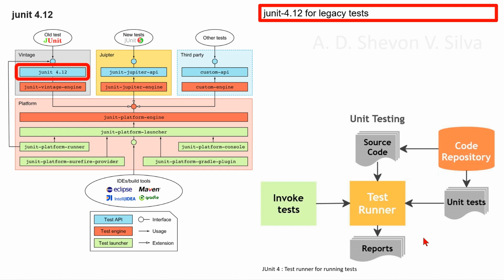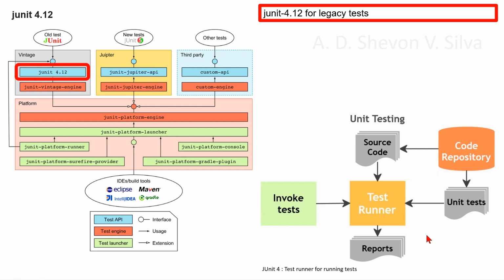It is mostly used as the unit testing tool by most developers. The main features are as below: the annotations to mark the method as the test methods, assertions for testing expected results and actual results.